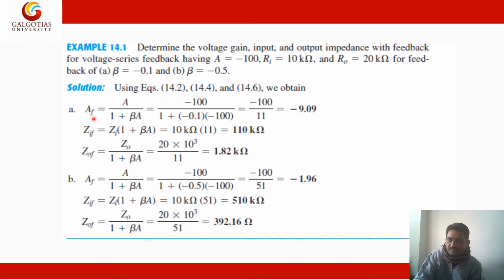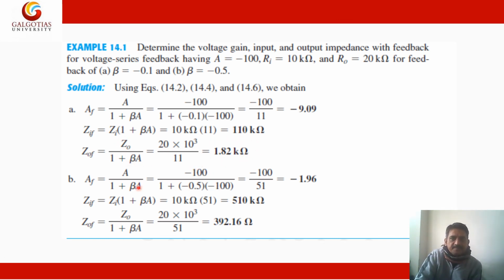Using the equation for the voltage gain, A upon 1 plus A beta, we substitute all the values and get the overall gain minus 9.09. We know that the input impedance for voltage series is 1 plus A beta times the input impedance, so we substitute the value of 1 plus A beta and get 110 kilo ohm. And output impedance is decreased by 1 plus A beta times, so Z naught upon 1 plus A beta, we get this.